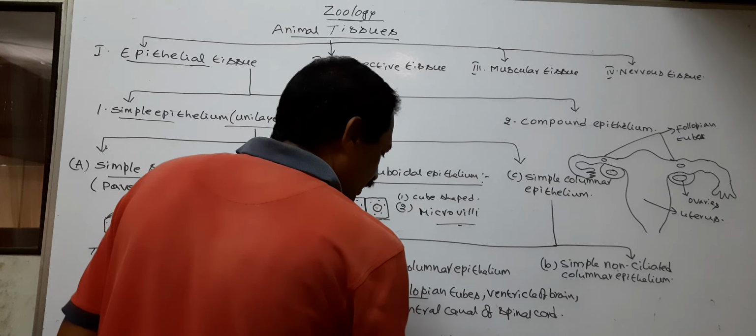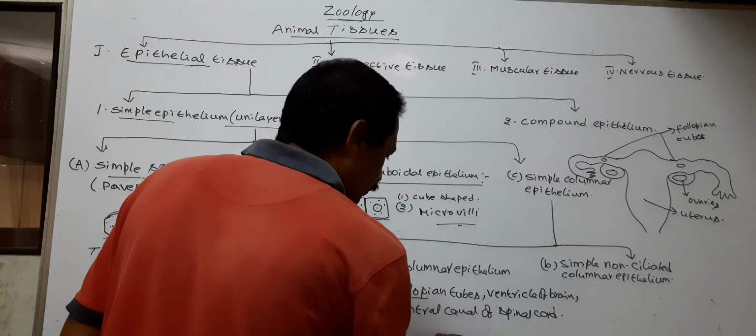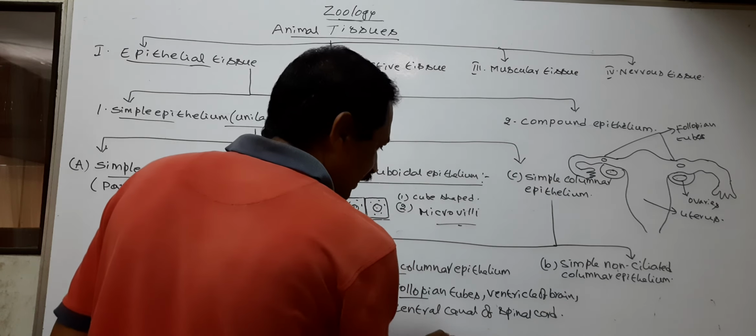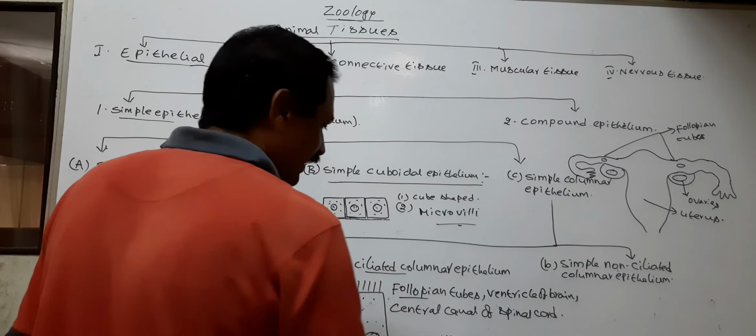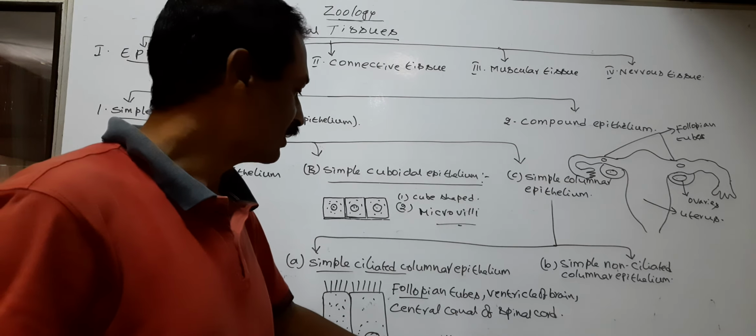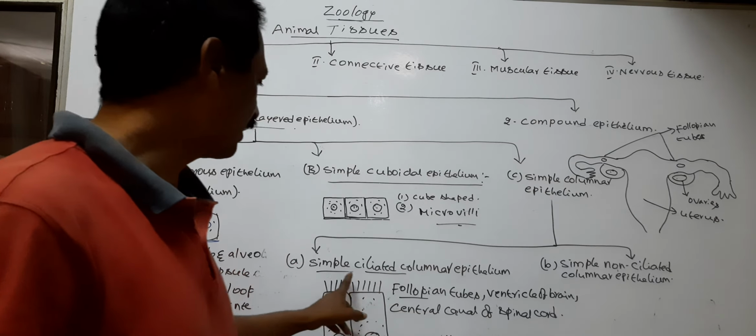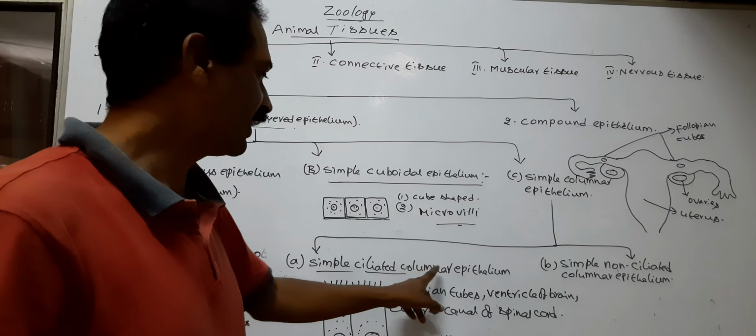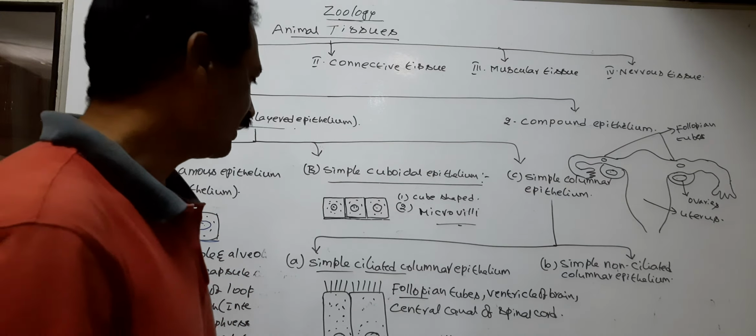It is a long tube-like structure. The center of the spinal cord possesses a canal called the central canal. The central canal of the spinal cord also possesses simple ciliated columnar epithelium.